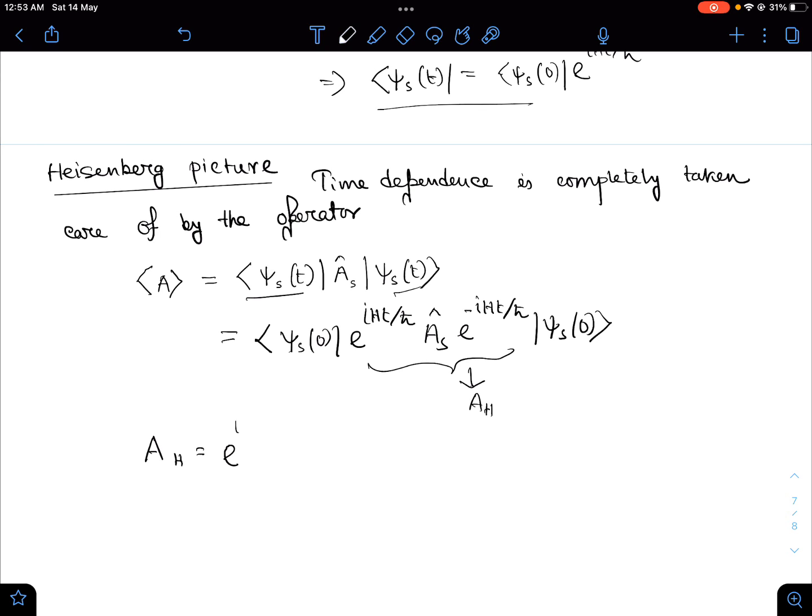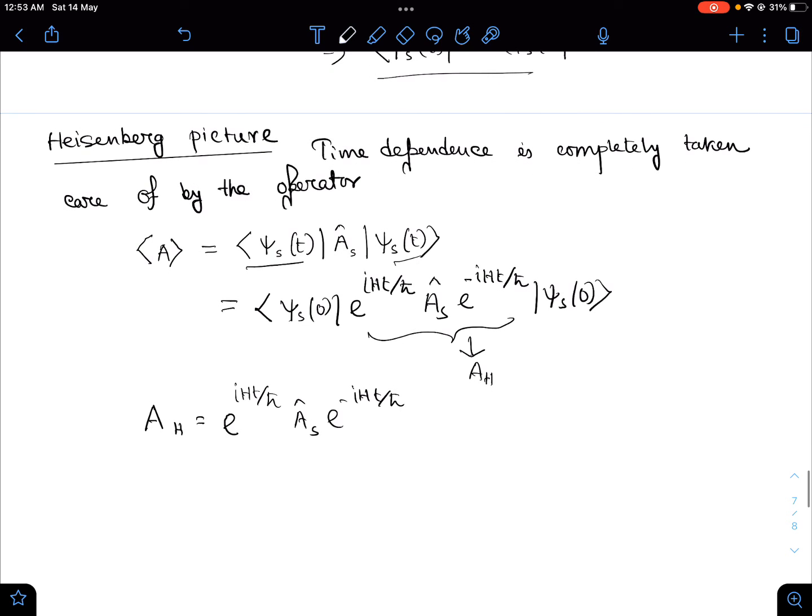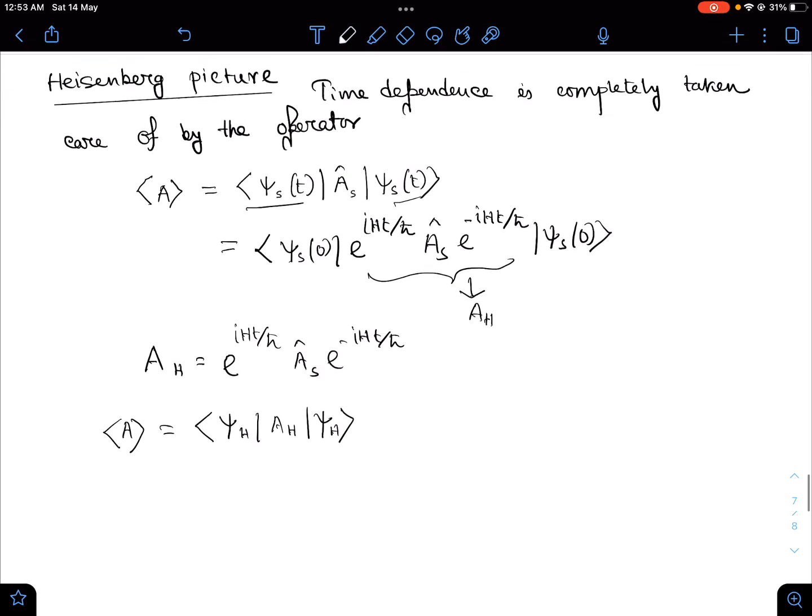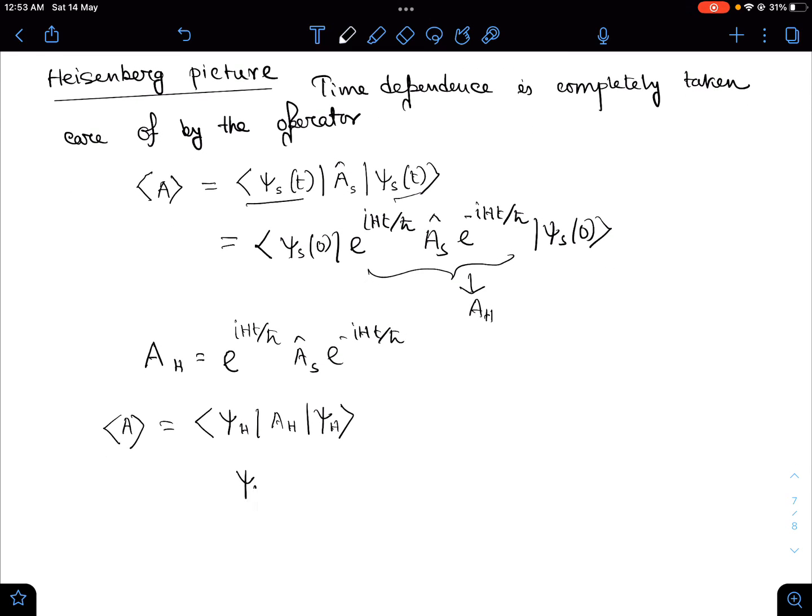So A H equals e to the power i H t by h cut, A S, and e to the power minus i H t by h cut. If we write the expectation value of A as psi Heisenberg, A Heisenberg, psi Heisenberg, here psi Heisenberg is psi S0.